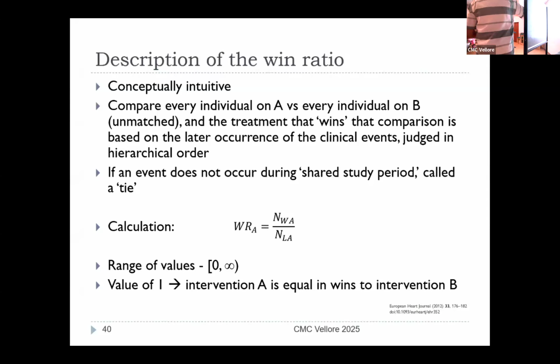If they don't occur very frequently, if there are a lot of ties, the continuous one will do it. And so he calculates the wins of A relative to the losses of A, and that's the win ratio. But the main problem with it is the ties, deciding the hierarchy, deciding what is more important, and so forth.